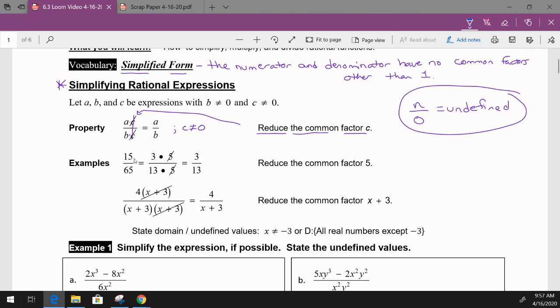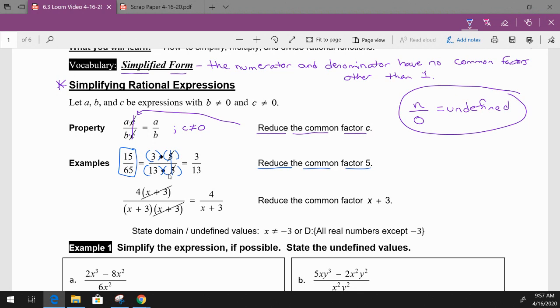If you are reducing the fraction 15 over 65, you're trying to figure out what is a common factor between 15 and 65. If you factor the 15 into 3 times 5, and you factor the 65 into 13 times 5, you can see that they both have a common factor of 5. That's why they can be reduced by 5. So we're reducing the common factor of 5.